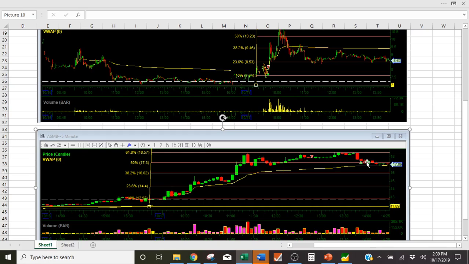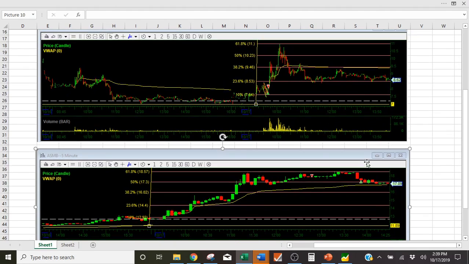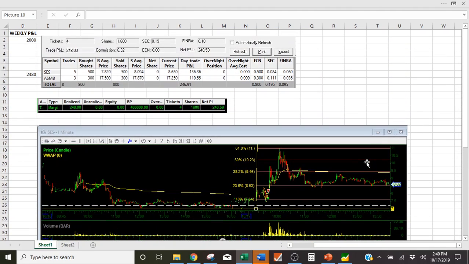So, like I mentioned in all my videos, I like to go where my lines are, or my technical analysis, like the VWAP, or where my resistance and support line is, and I'll come out. And just showing you what you can make on a small account, and these are like 500 shares, 300 shares, and today was a profit of $240.59 trading with a small account.